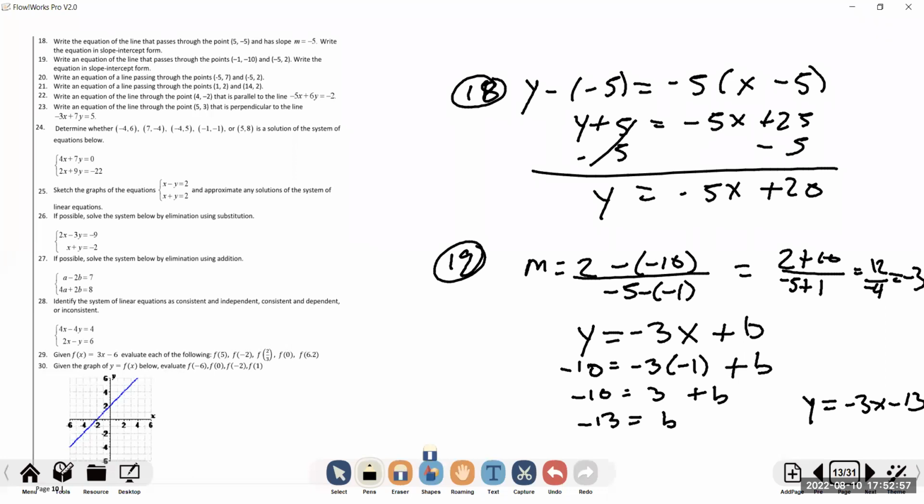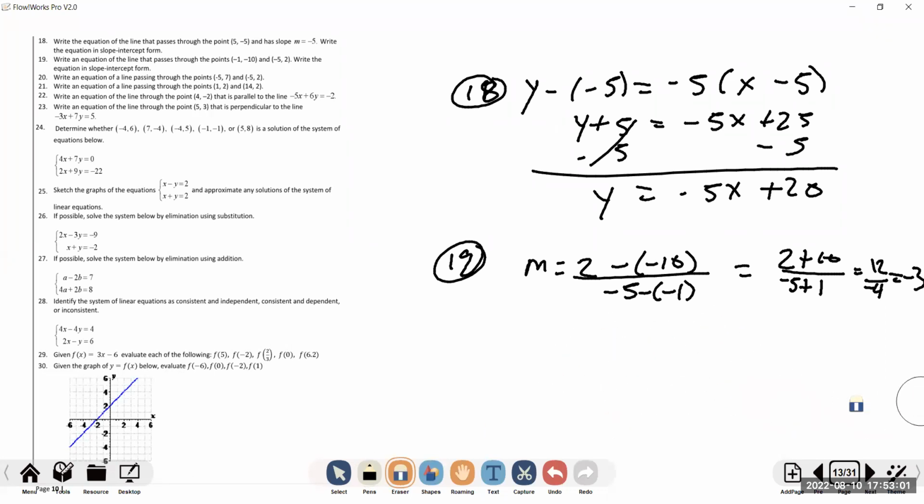Let's go back though and show you with point-slope form that I should get the same thing, because the goal here is to use point-slope form when you're given a point and the slope. So y minus y1 is equal to m times x minus x1.